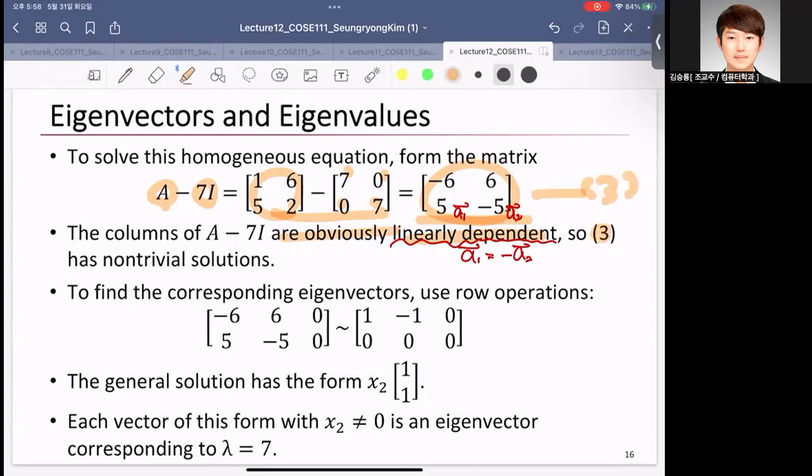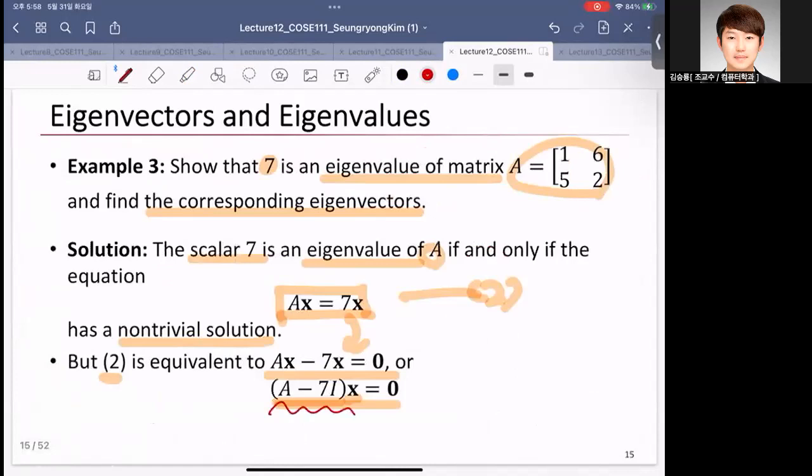Equation 3 has a non-trivial solution because the columns are linearly dependent. For example, because A1 plus A2 equals 0, a non-trivial solution is going to be 1, 1. So because this has a non-trivial solution, the scalar 7 is an eigenvalue of matrix A.